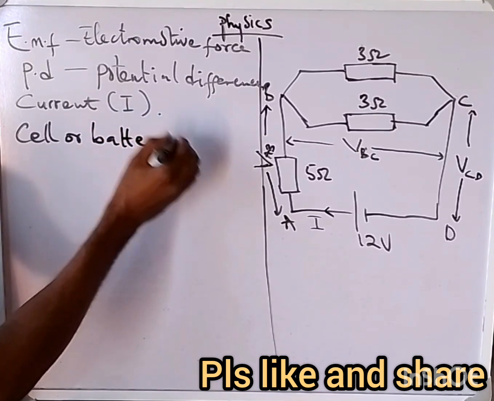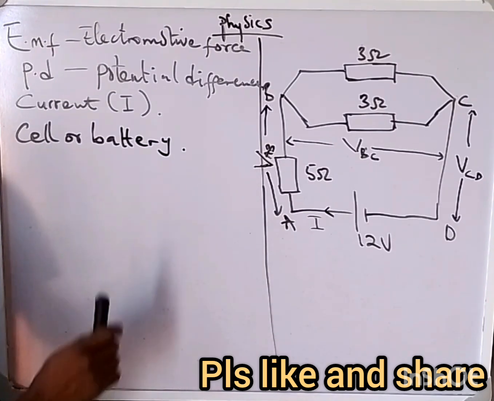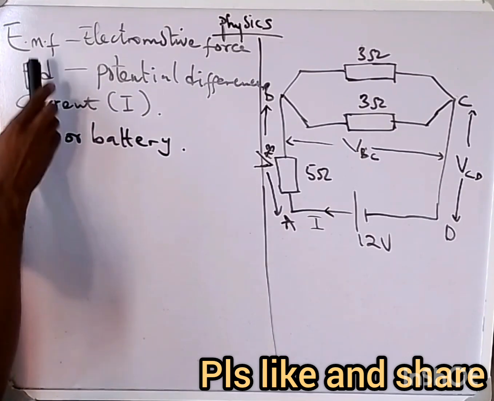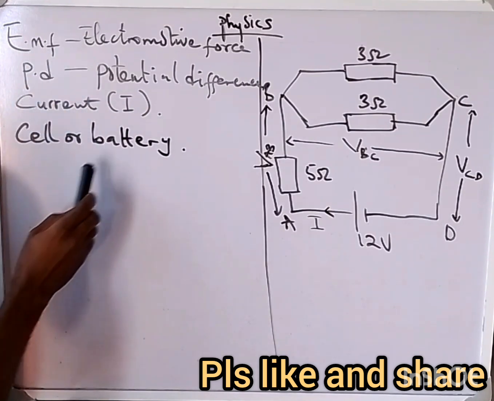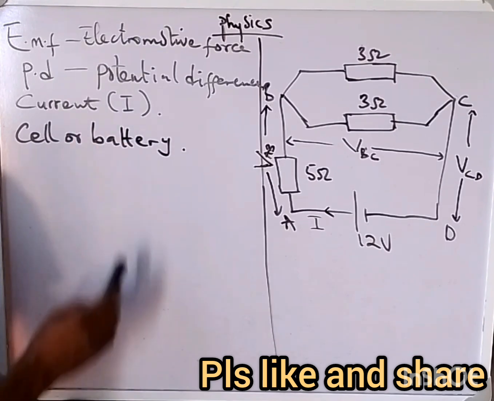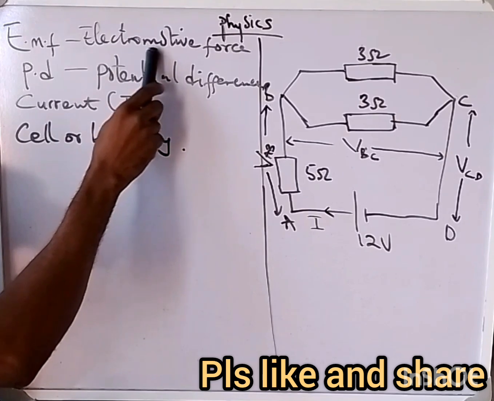So the battery is the source of the energy for that electric circuit. So the EMF talks about the energy of the cell or the what? Battery.